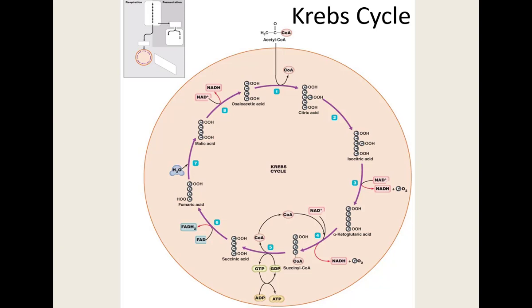How many carbons? We started off with a 6-carbon molecule. How many carbons have we lost at this point? More than that. I started with 6. How many carbons have we lost? There's 2 there. 4 there.